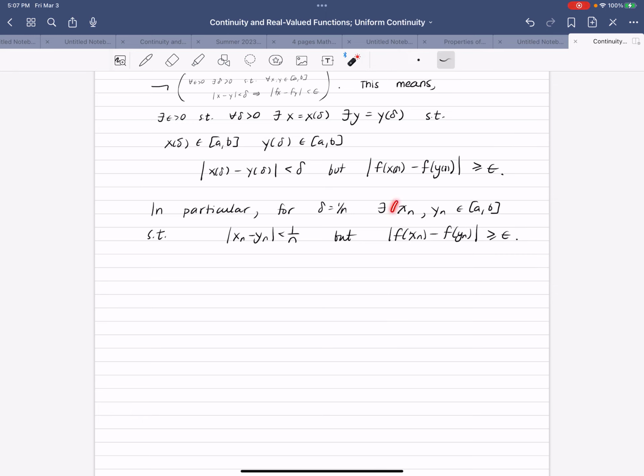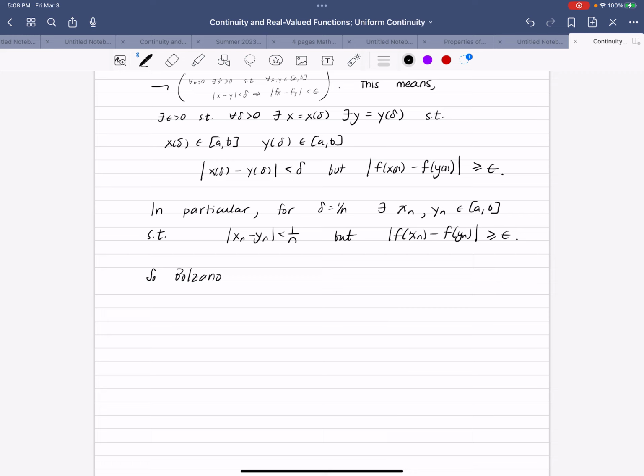So now I have a sequence of xn's in my domain. And I know that because the domain is a closed interval, every sequence has to have a convergent subsequence. So the xn's form a sequence, and the same is true for the y sub n's.